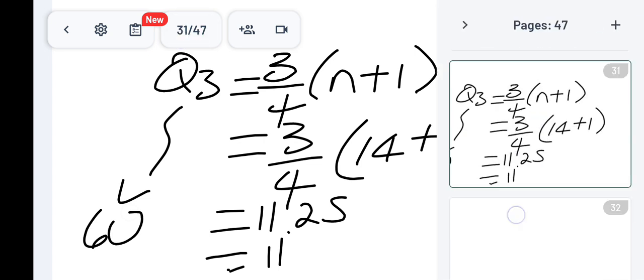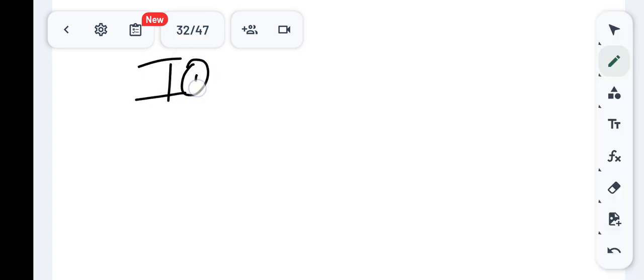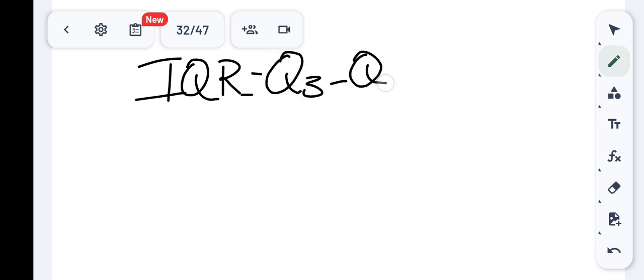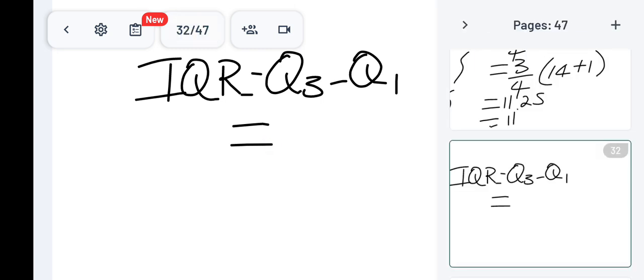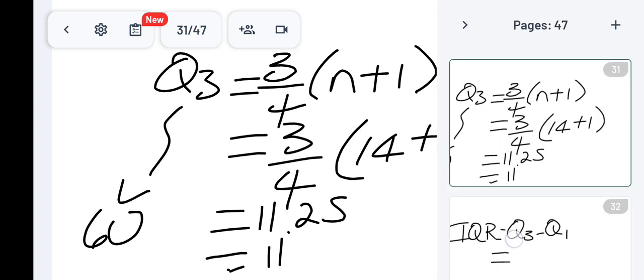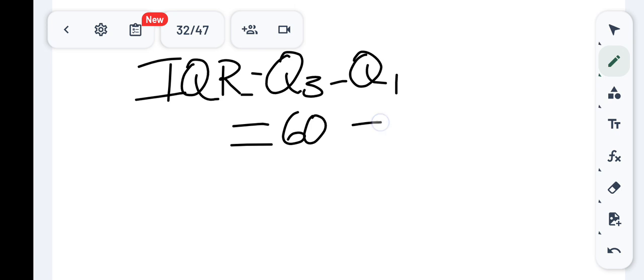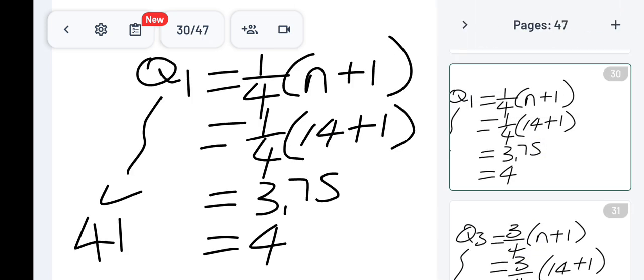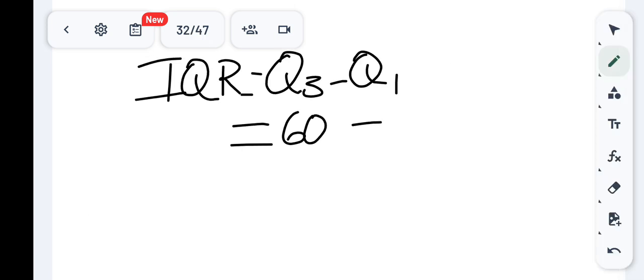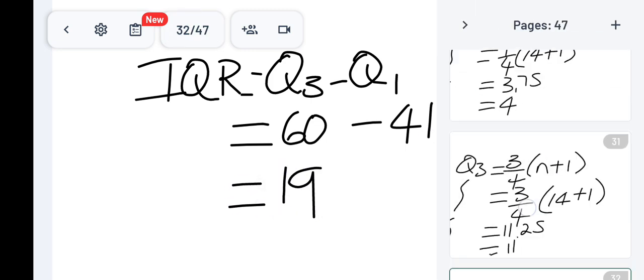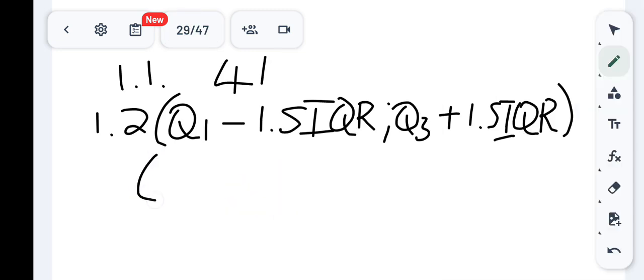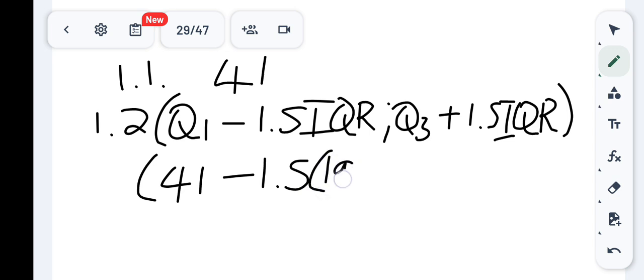And then what is our interquartile range? That is Q3 minus Q1. In this case, Q3 is 60 minus Q1, 41, and therefore this equals 19. Let's substitute: Q1 is 41 minus 1,5 IQR, which is 19.